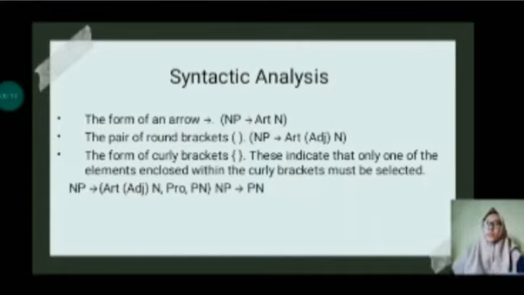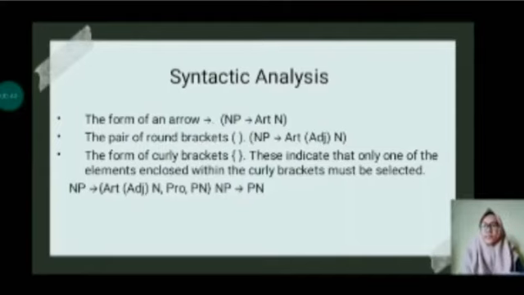For phrases, we use NP for noun phrase and VP for verb phrase, which consists of a verb and noun phrase. There are three symbols that we use in syntactic analysis.